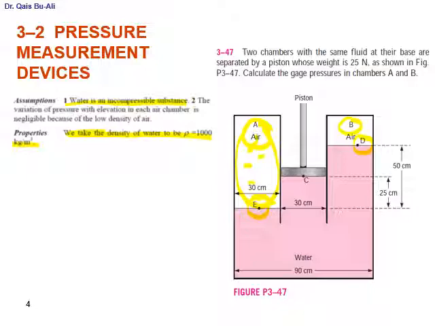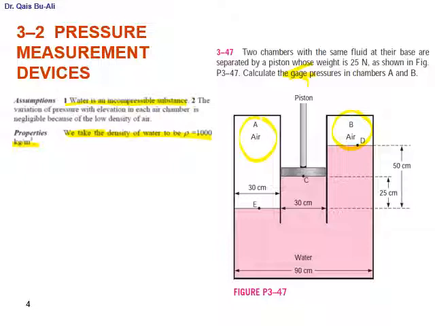So the question again is how to find the gauge pressure in chamber A and chamber B. We want to find 2 points that are connected by the same fluid at the same elevation, which have the same pressure.